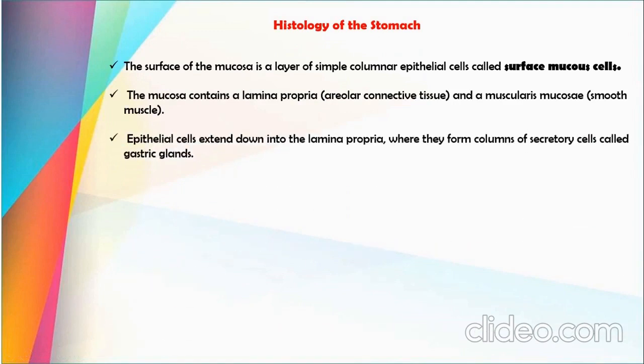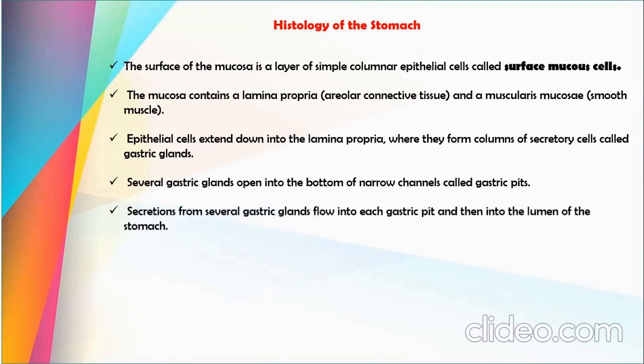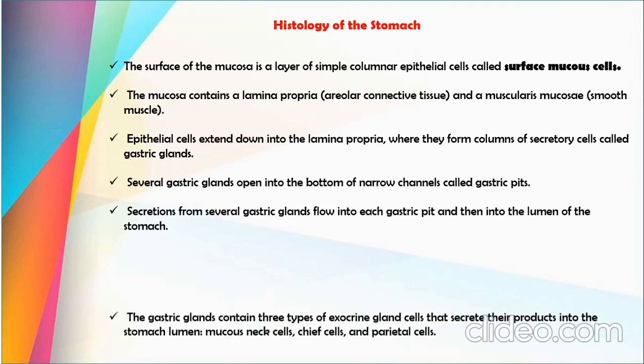The epithelial cells extend down into the lamina propria, where they form columns of secretory cells called gastric glands. Several gastric glands open into the bottom of narrow channels, which are called gastric pits. Secretions from several gastric glands flow into each gastric pit and then into the lumen of the stomach.